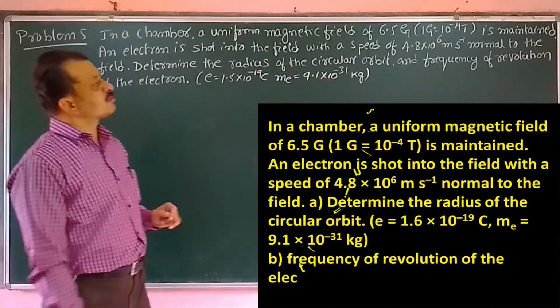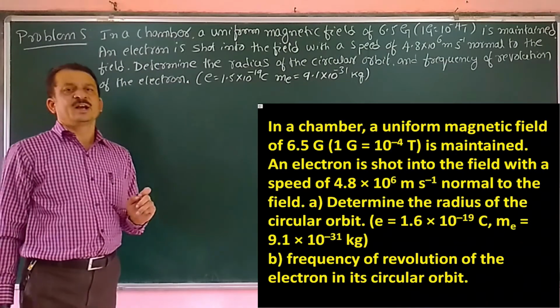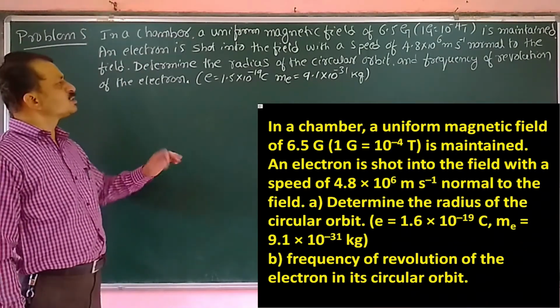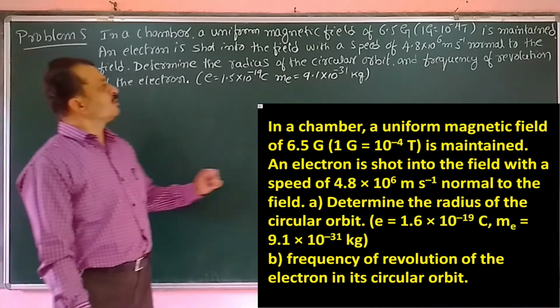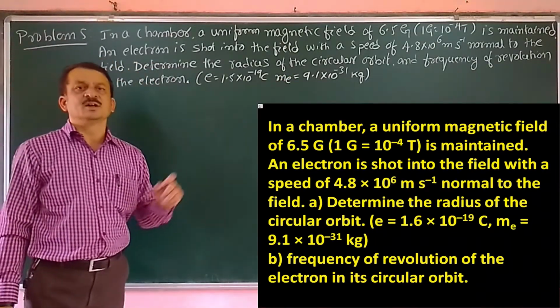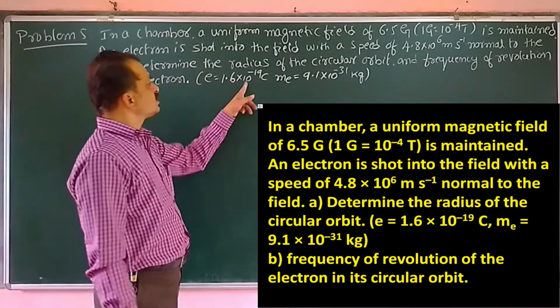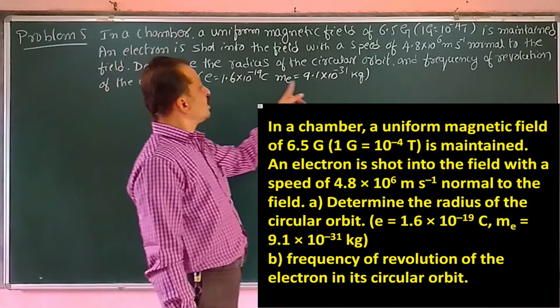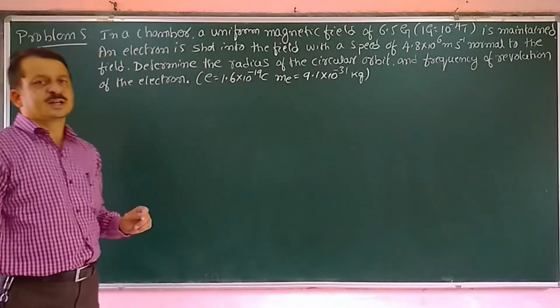Determine the radius of the circular orbit and the frequency of revolution of the electron. And also we have to give the reason why the orbit is circular, and whether the frequency depends on energy or the velocity. Given charge of the electron 1.6 into 10 raised to minus 19 coulomb, mass of the electron 9.1 into 10 raised to minus 31 kg.